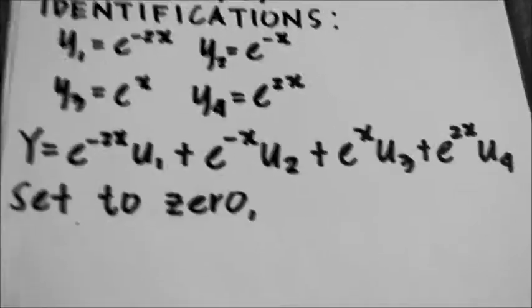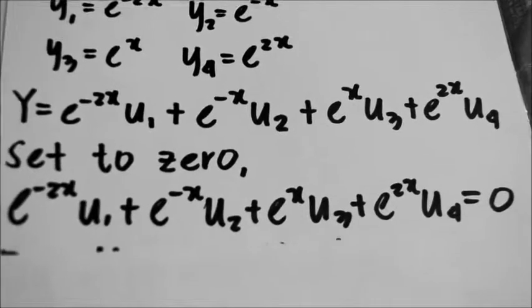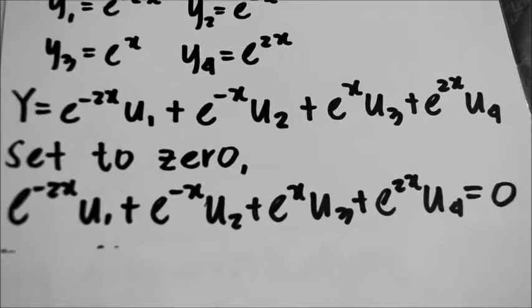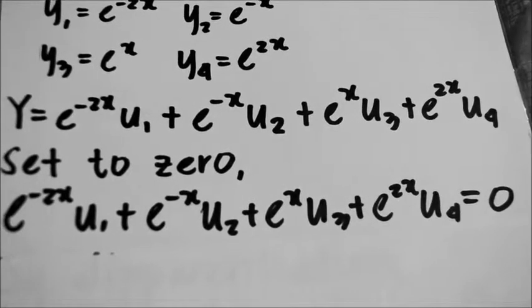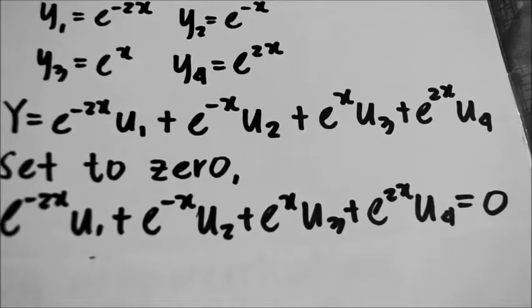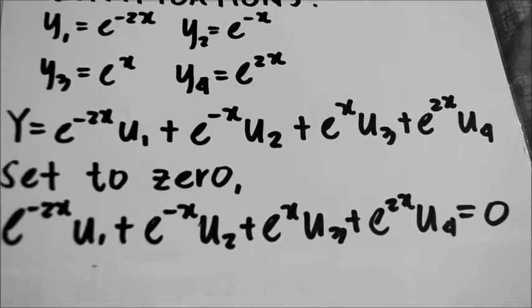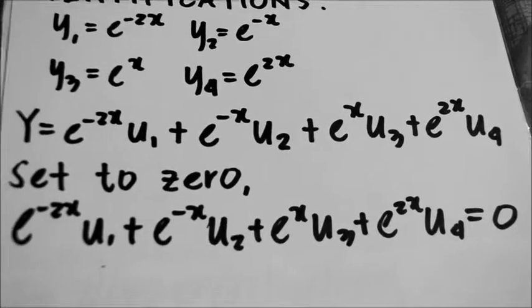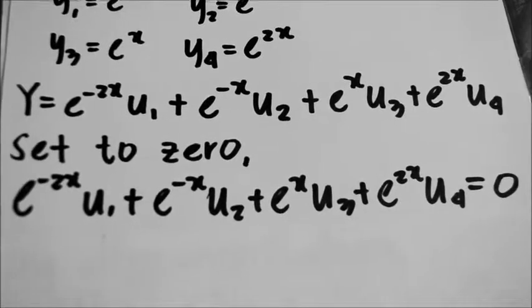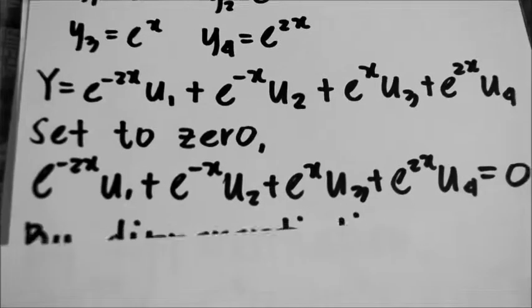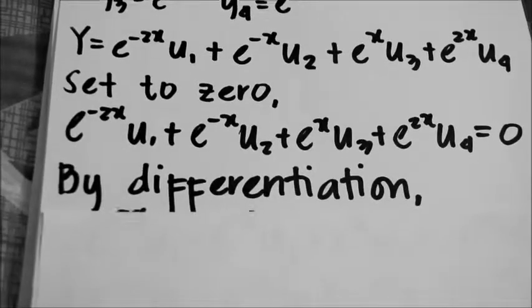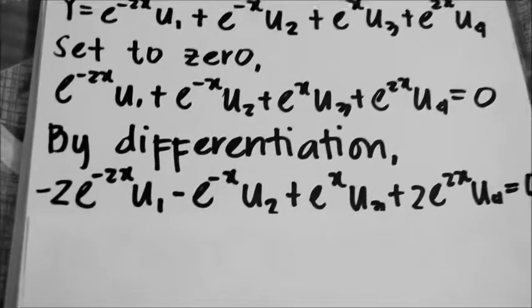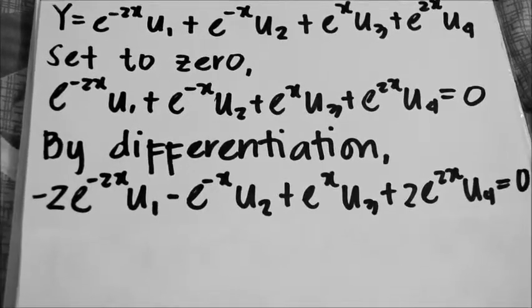So set this to 0, we will get e to the negative 2x u sub 1 plus e to the negative x u sub 2 plus e to the x u sub 3 plus e to 2x u sub 4 equals 0.